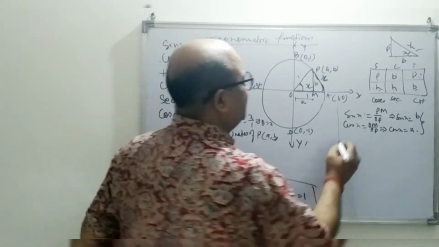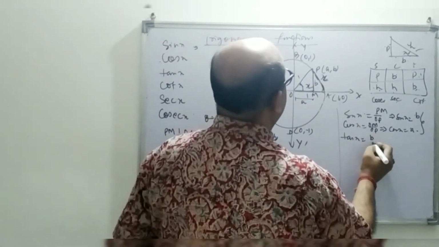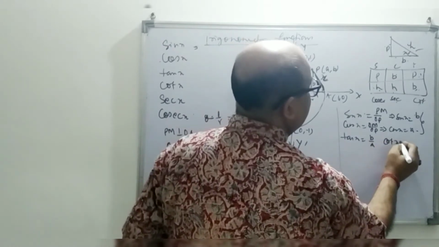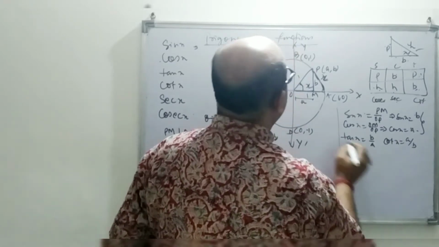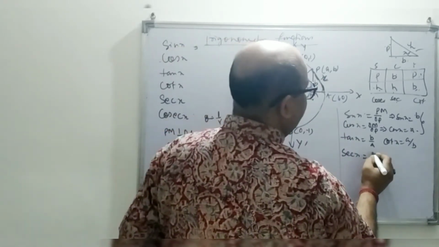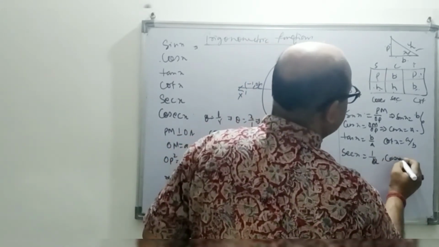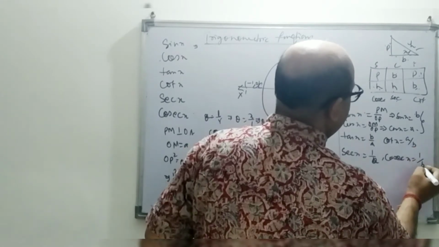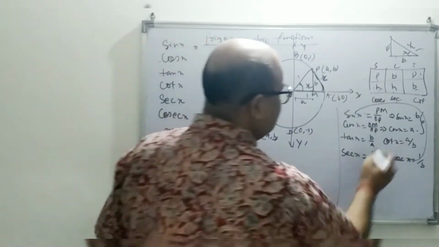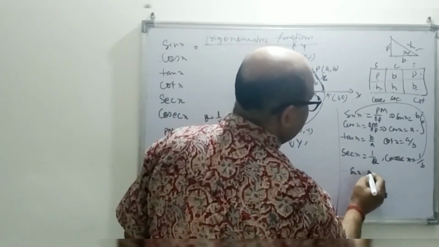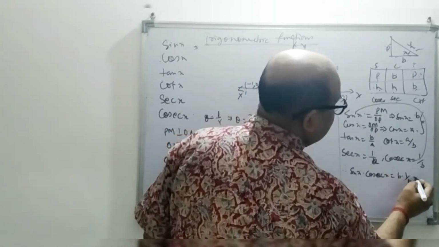Now from here, tan x is b by a, cot x is a by b, sec x is 1 by a, and cosec x is 1 by b. So the relation between cosec and sine: sin x into cosec x equals b into 1 by b, which equals 1.